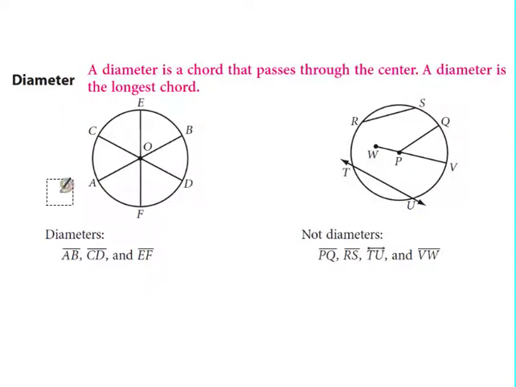So what you could do, if I were writing this in your notes, note-taking strategy: a diameter is a chord that passes through the center. Stop, and then go with the longest chord. So a diameter is the longest chord.